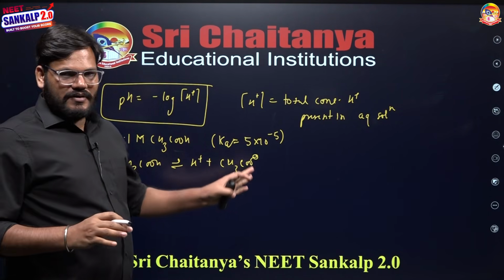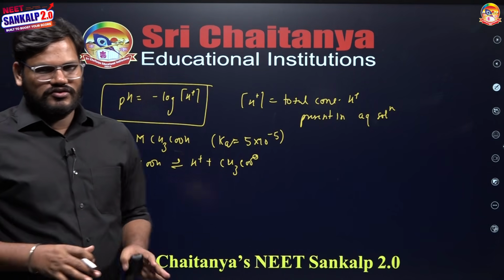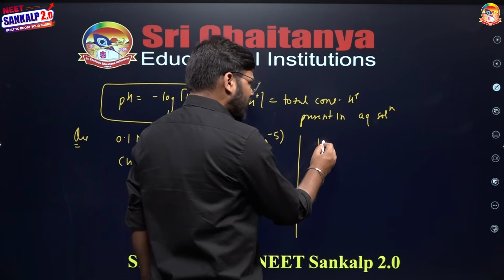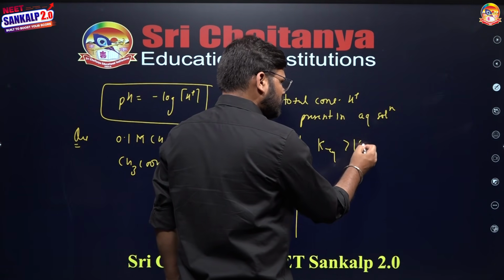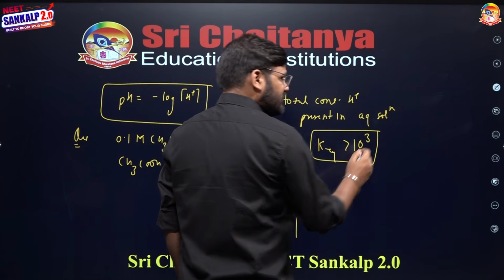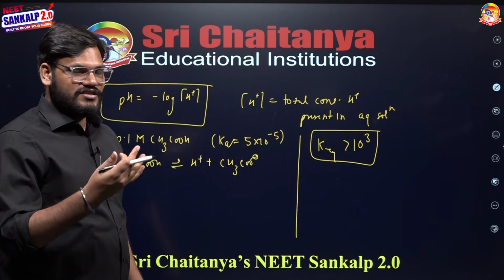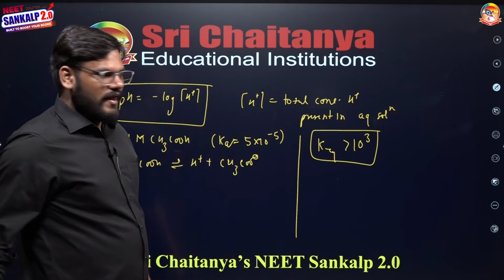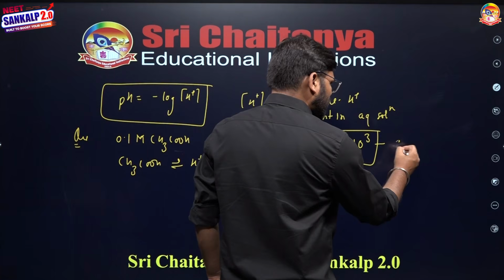These Ka, Kb are again equilibrium constants, so they will change only with temperature. In NCERT they are saying that for any equilibrium constant, if it is greater than 10 raised to 3, then we say that products are highly stable as compared to reactants and the reaction will go for completion.